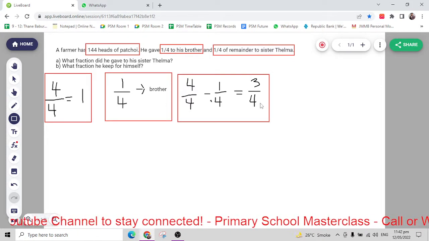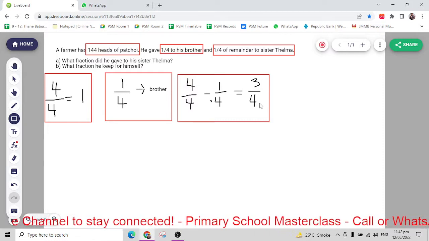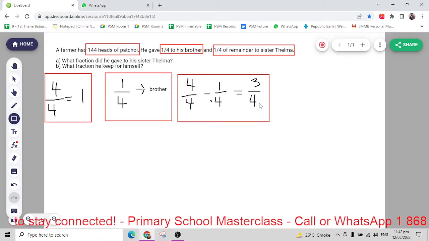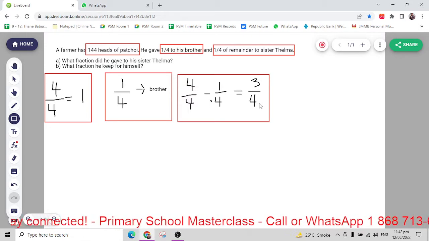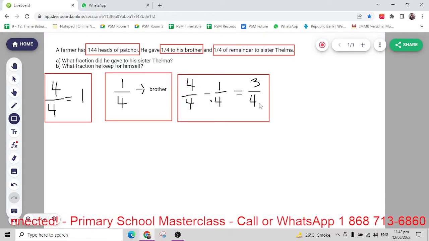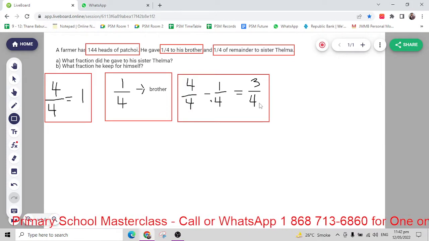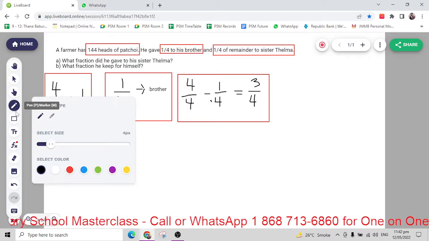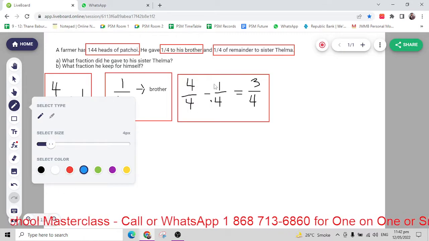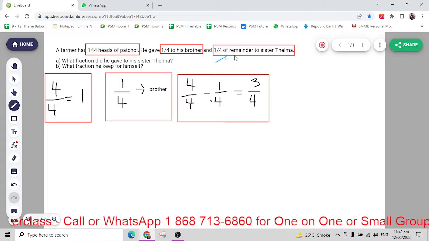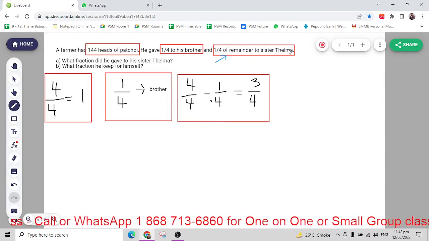So after the farmer gave a quarter to his brother, the farmer now remains with 3 quarters of all the heads of pak choy. Okay, right? Now, the question says here, let me go in blue, a quarter of that remainder goes to Sister Thelma.